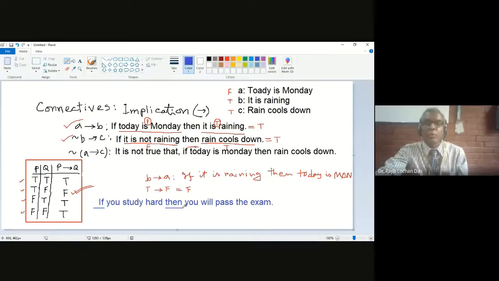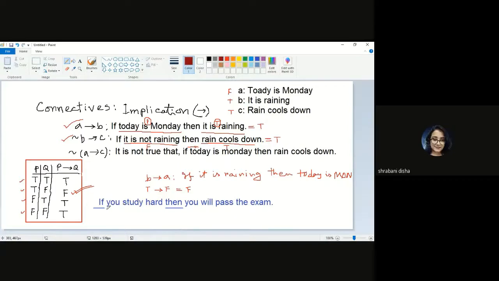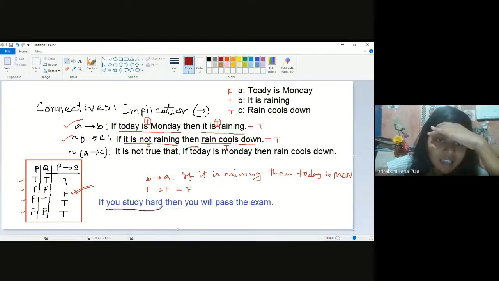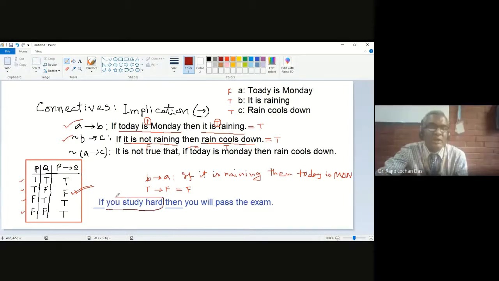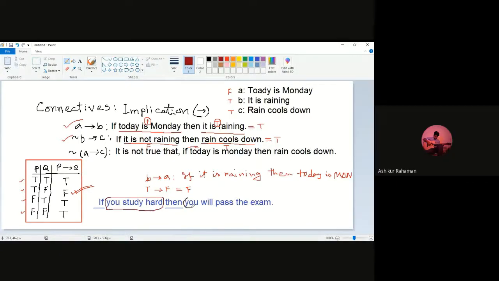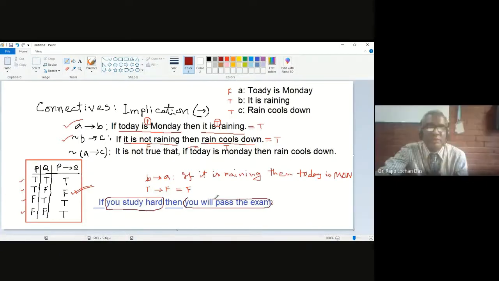So what is one statement? What is the second statement? Which one is A? Which one is B? You study hard, this is A, and you will pass the exam, that is B, right?